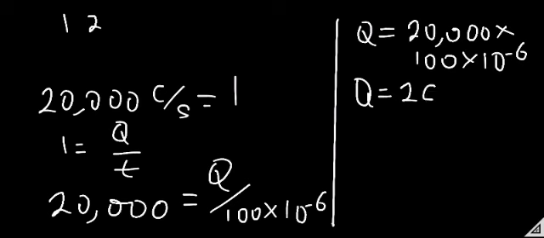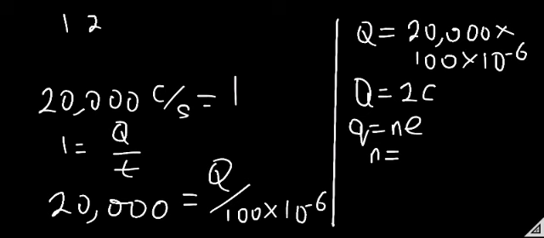Very, very simple. Now, the next question here is, how many electrons flow during this time? Since they say how many, this literally means we are looking for the number of electrons, right? And we know that Q is equal to NE. Q here is equal to 2 C, N is unknown, and E is the electron charge.